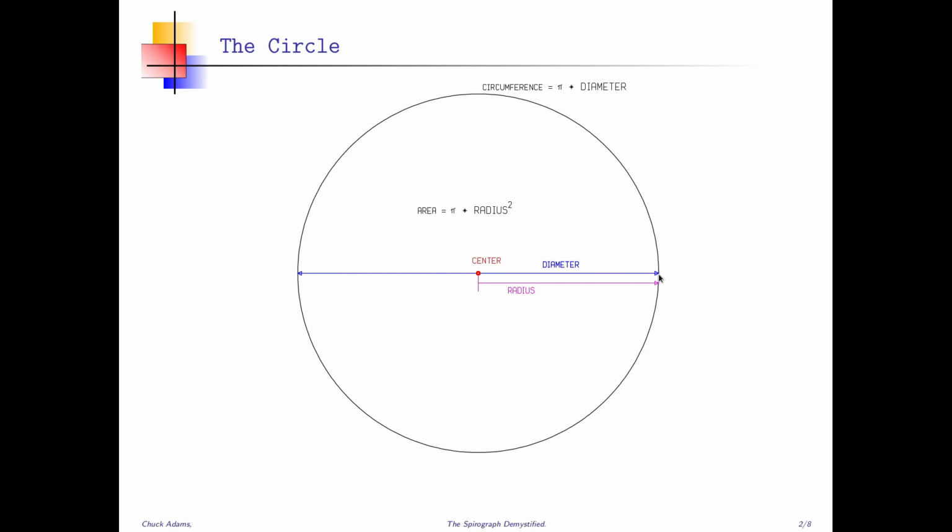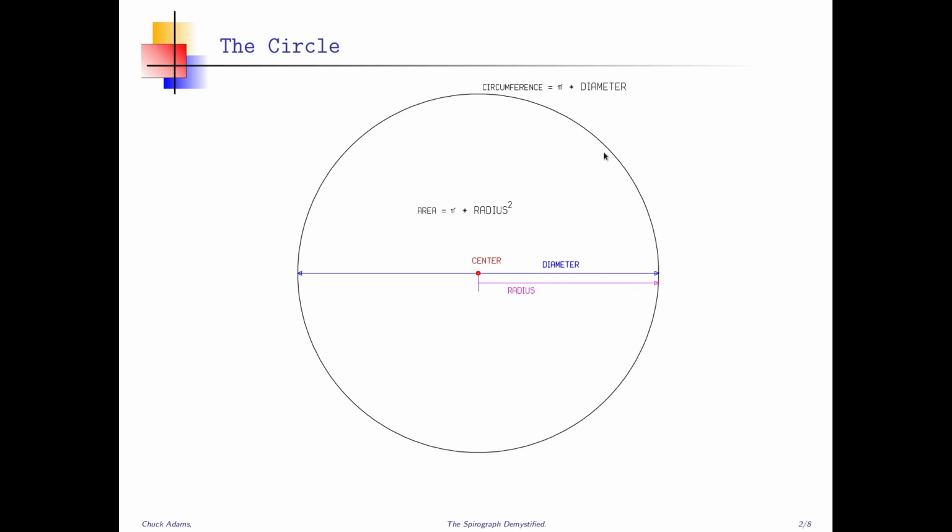If you start here and go all the way around the circle, the total distance from one point back to the point around the edge is related to the value of pi, which we beat to death earlier in the series, but it's 3.14159265, etc. Pi times the radius squared is the area. That's this enclosed area, everything within the boundary of the circle.